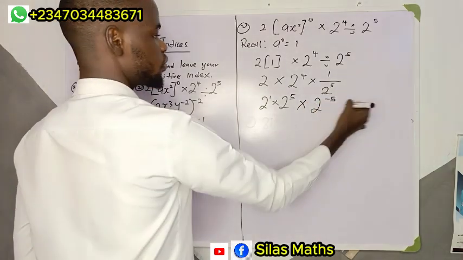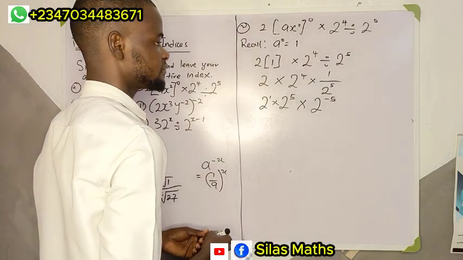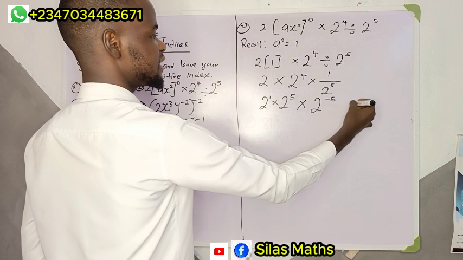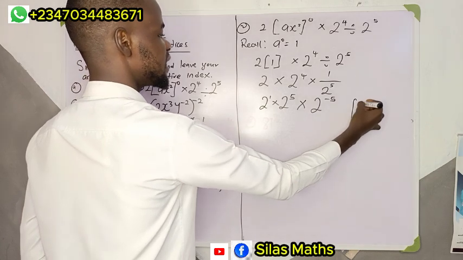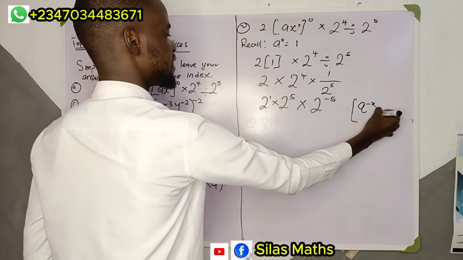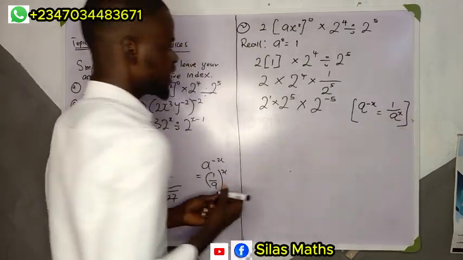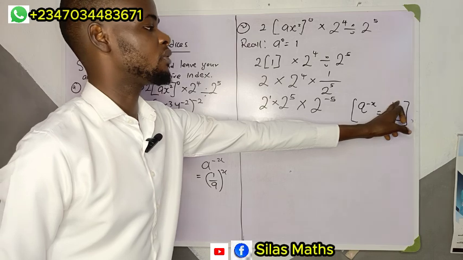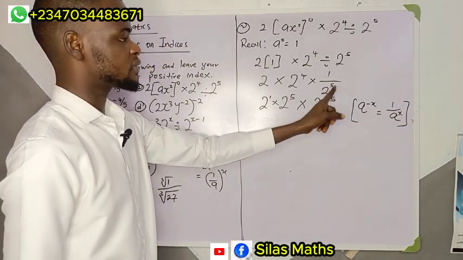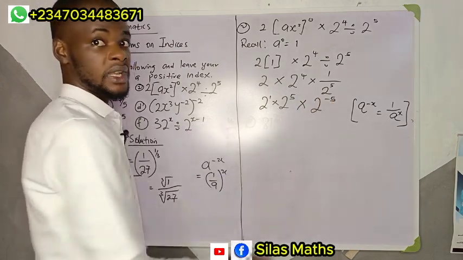What do we apply here? Simply the law that states that a to the power of negative x is the same as 1 over a to the power of x. So this one is equal to this one, and the other way around, 1 over 2 to the power of 5 is the same as 2 to the power of negative 5.